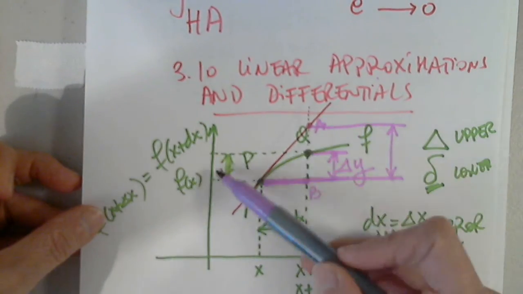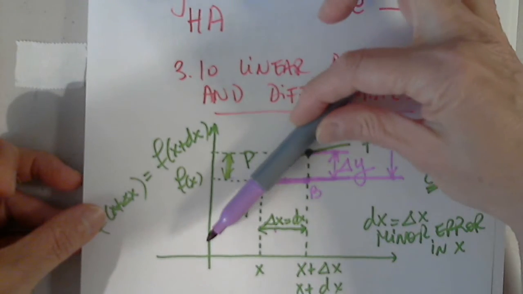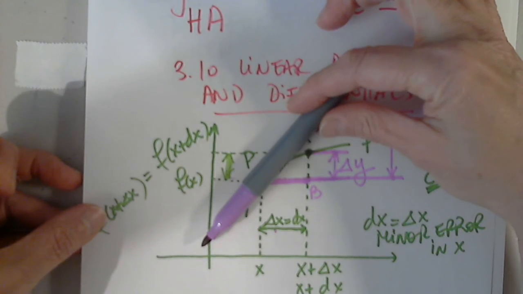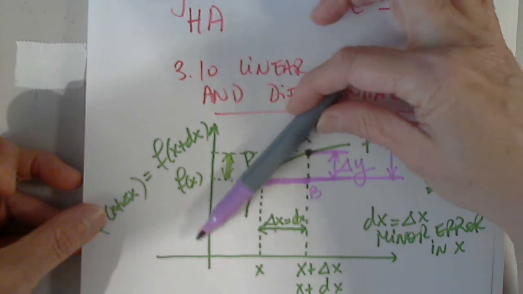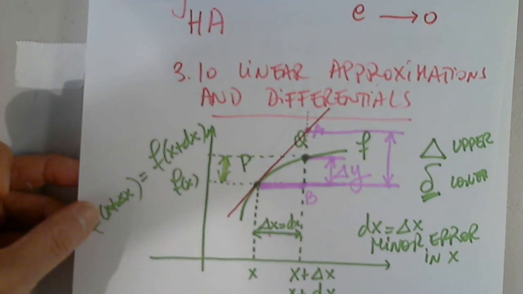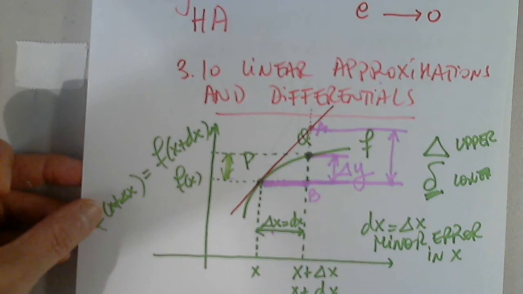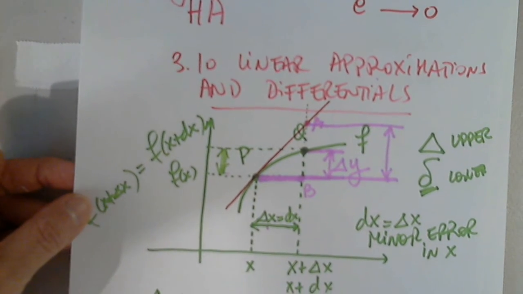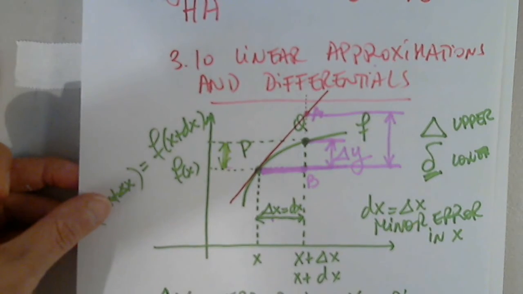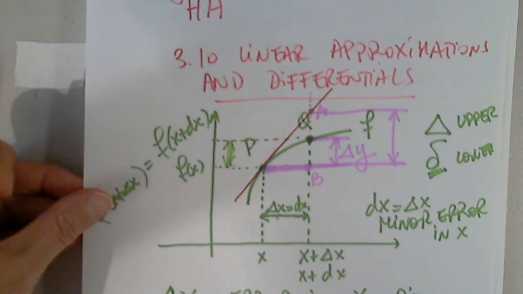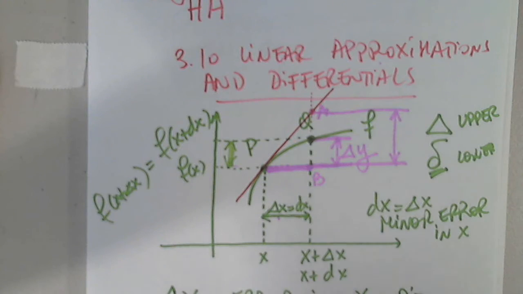So, can anyone give us the slope of the tangent line at P? Can anyone give me anything that will represent the slope of the tangent line at P? Anything? Is it dx over dy? Or delta x over delta y? We're not there yet. You're way ahead of me, but thank you.